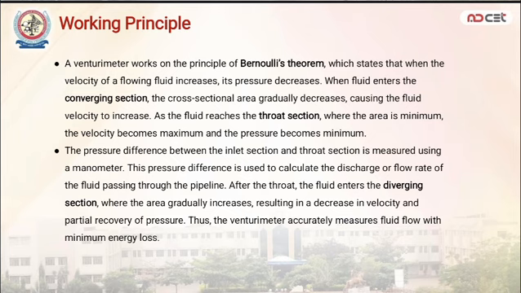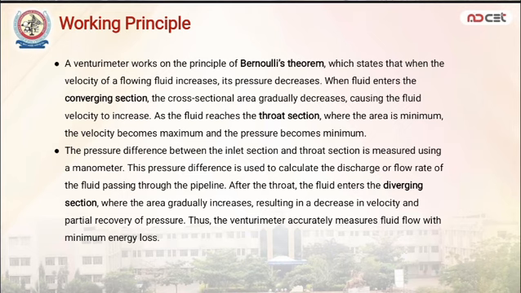Now I will discuss the key principle of the venturimeter. It works on Bernoulli's theorem, and it consists of the converging section, throat section, and diverging section. When fluid enters the converging section, the cross-sectional area gradually decreases, so fluid velocity increases. As the fluid reaches the throat section, the area is at its minimum, the velocity becomes maximum, and the pressure becomes minimum.